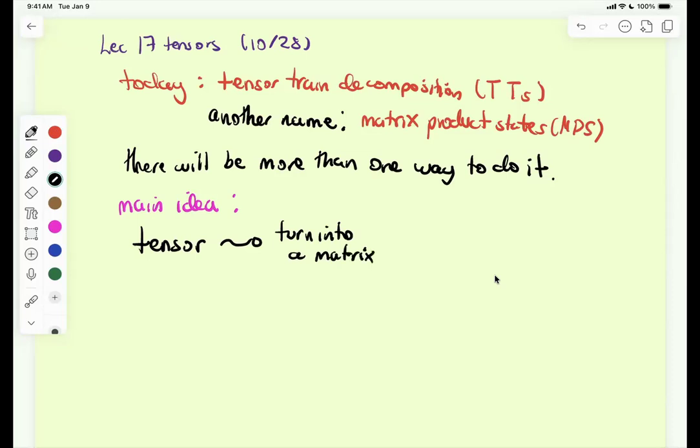And again, there are many options for how you turn it into a matrix. That's where the non-uniqueness starts coming up. Then you apply the SVD to that matrix.